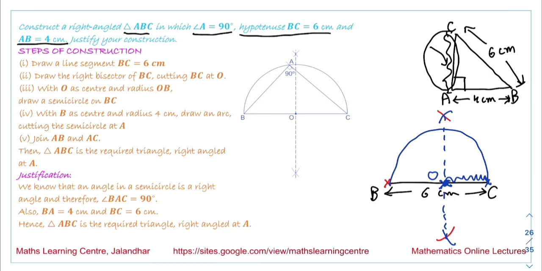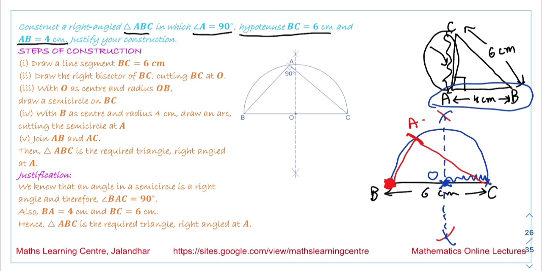Now what is given to us is that this length AB is 4 centimeter. So we keep the tip of the compass at point B again, and we mark an arc with the length 4 centimeter, and we mark this point as A. Now we join BA and AC.